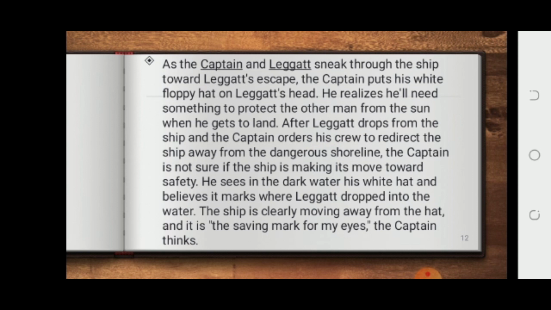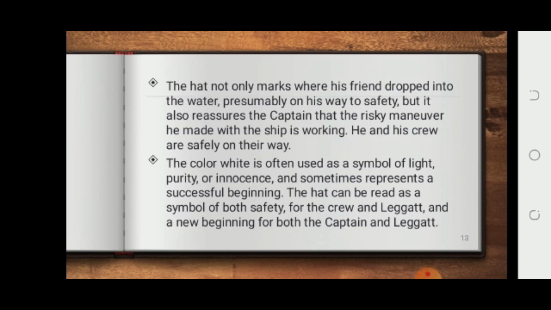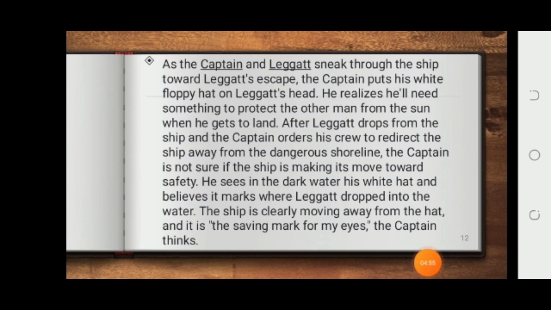After Leggett drops from the ship, the captain orders his crew to redirect the ship away from the dangerous shoreline, and the captain is not sure if the ship is making its move toward safety.